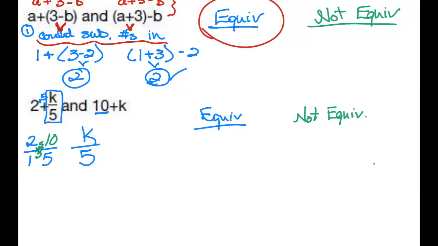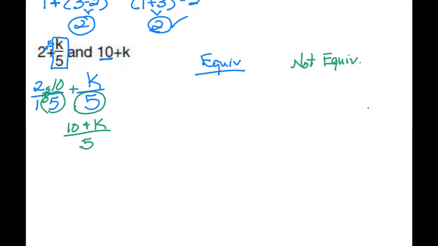But now, because they have the same denominator, we can add these together and get 10 plus k all over 5. So you were partially right here. You can also divide 10 by 5 and you get 2. That is true. And so if you are comparing 10 plus k divided by 5 to 10 plus k, are those two going to be equivalent then?